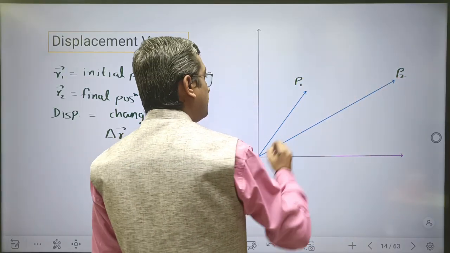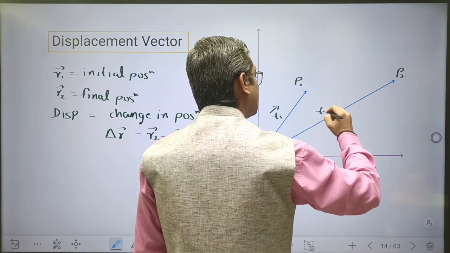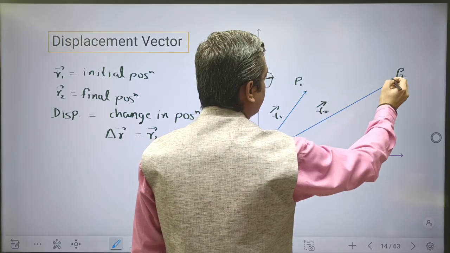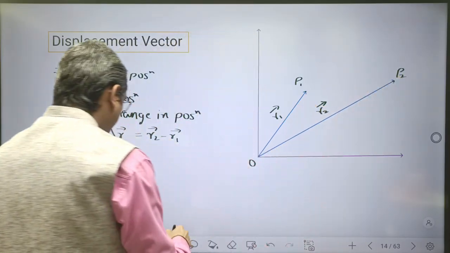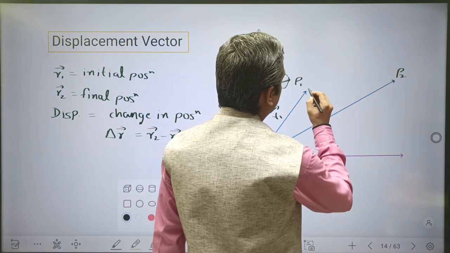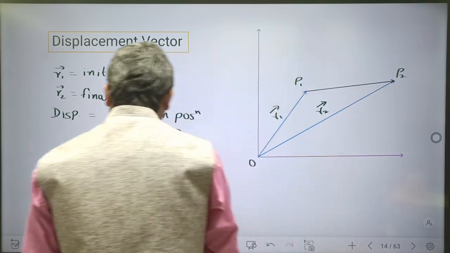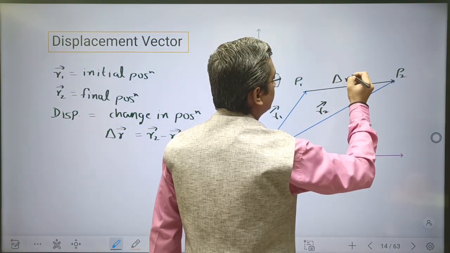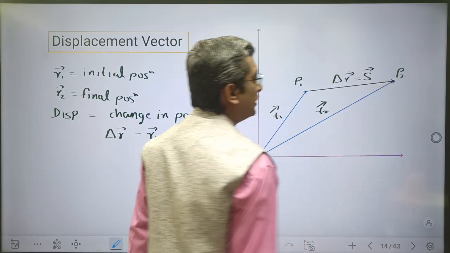OP1 is the initial position vector, OP2 is the final position vector. So this is the initial point and this is the final point. Displacement is always given by joining the initial position to the final position. So this vector is actually the displacement vector. This vector is the change in position, or it is given by the displacement vector, that is S vector.